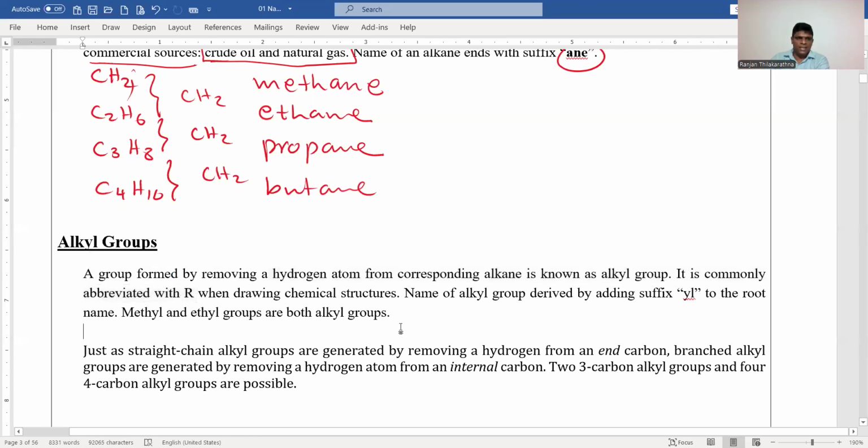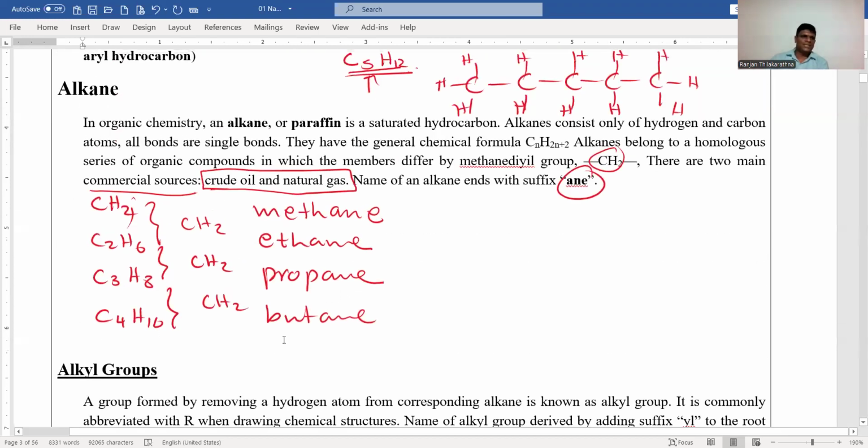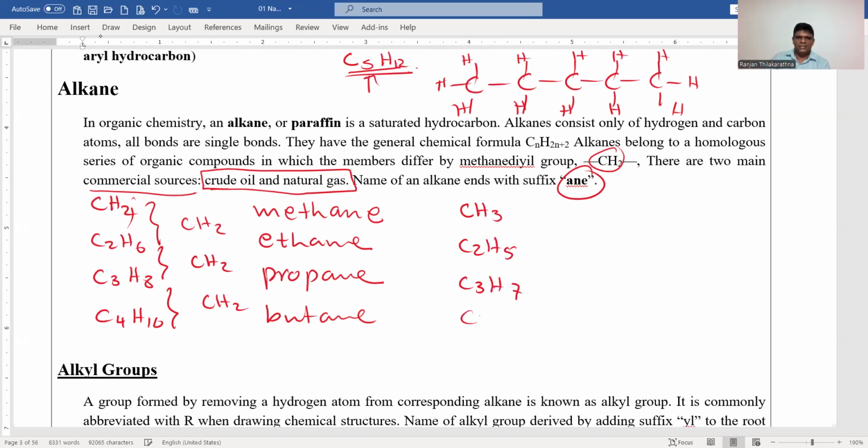Earlier I explained about this one. Say you have these hydrocarbons: methane, ethane, propane, and butane. Then you can remove one hydrogen atom from each. Then it becomes CH3, C2H5, C3H7, and C4H9.